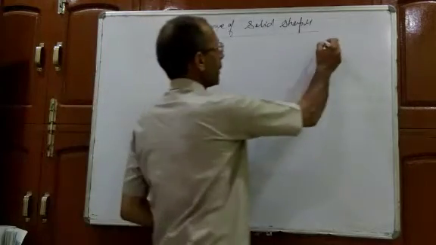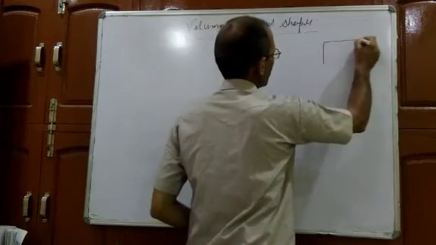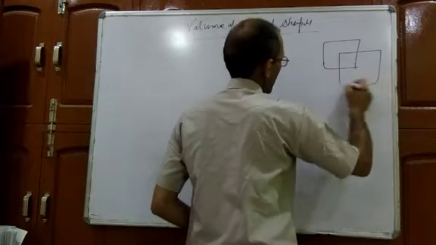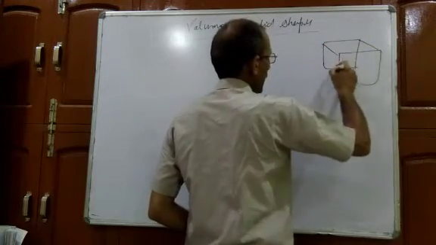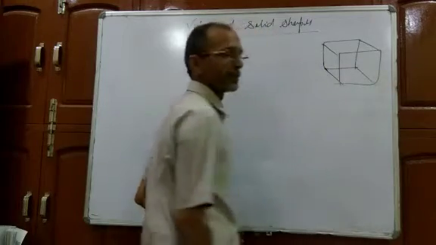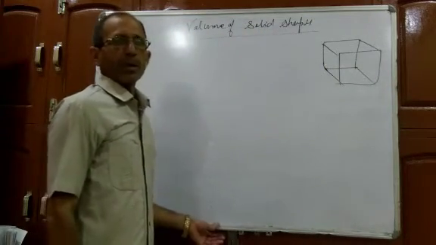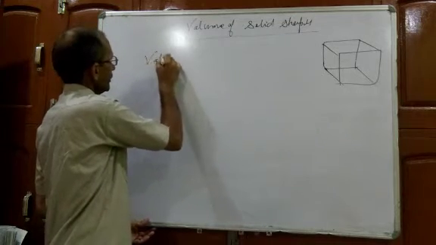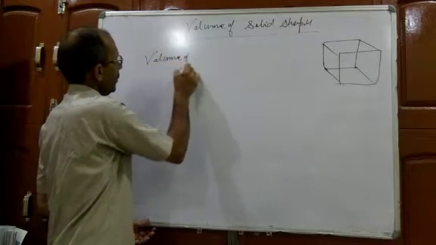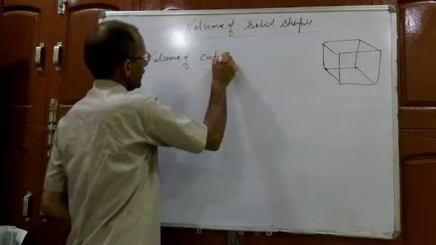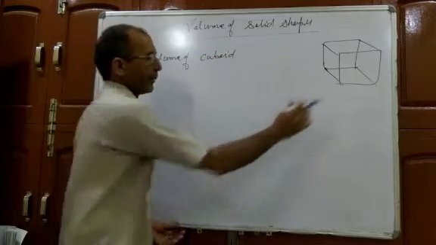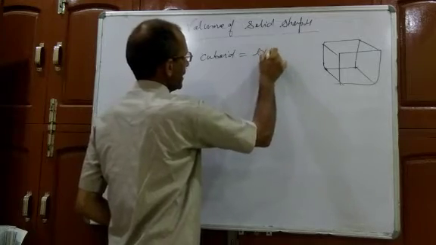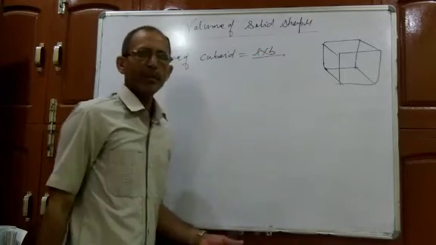This is the shape of a cuboid. Volume of cuboid: base area is length multiplied by breadth.